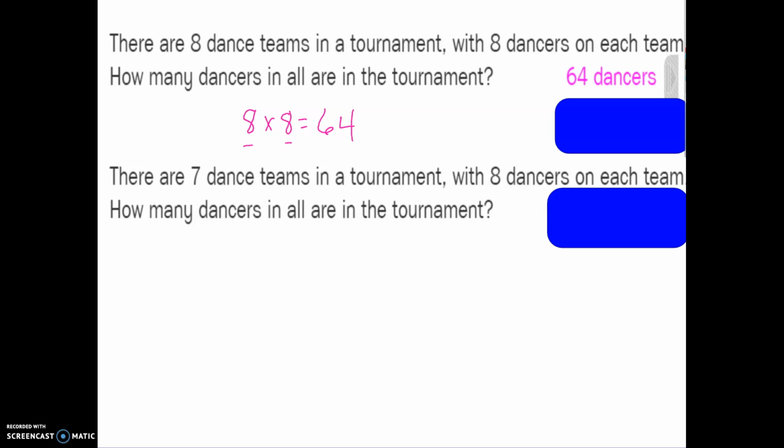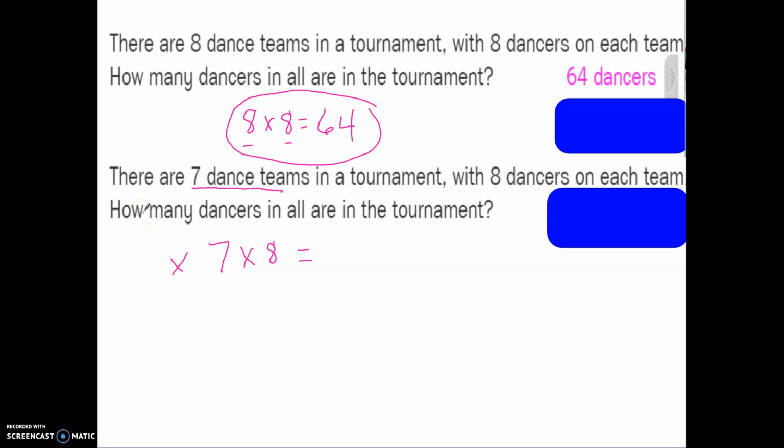Now, the second problem, there are only 7 dance teams in the tournament with 8 dancers on each team. So 7 times 8 is the number sentence that we need to solve. But we can use 8 times 8 as our helper because this is actually a near square problem because it is near the square, 8 times 8.